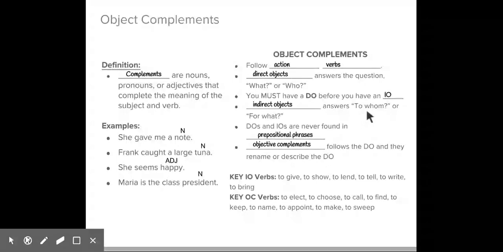Some OC verbs: if you have verbs like elect, choose, call, find, keep, name, appoint, make, or sweep, you may have an objective complement. It's definitely not as often that you have an objective complement in a sentence as an indirect object.